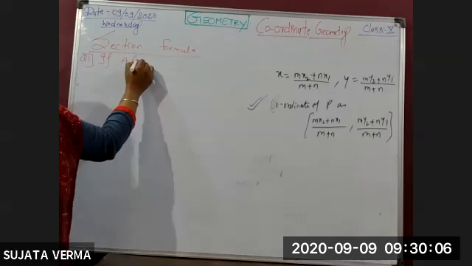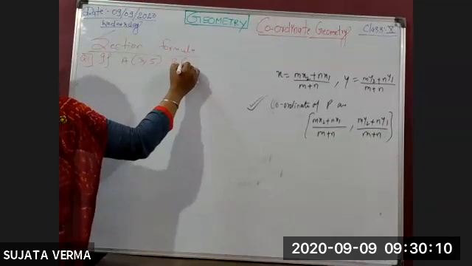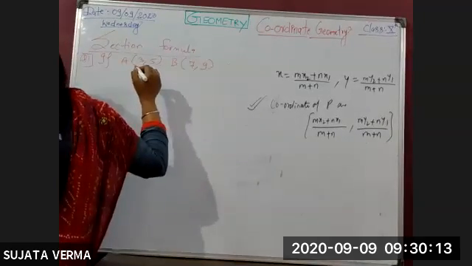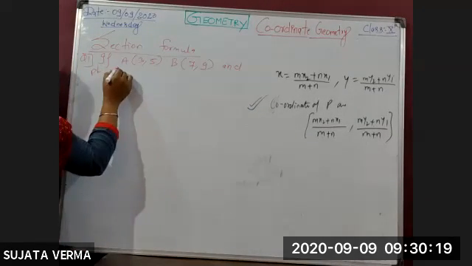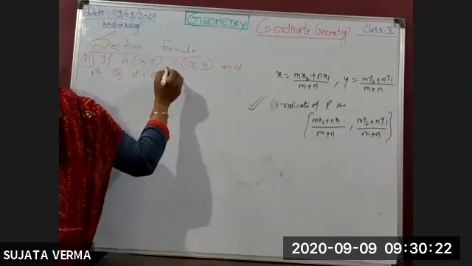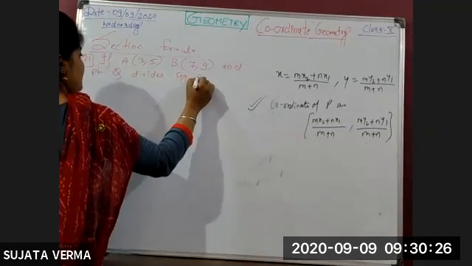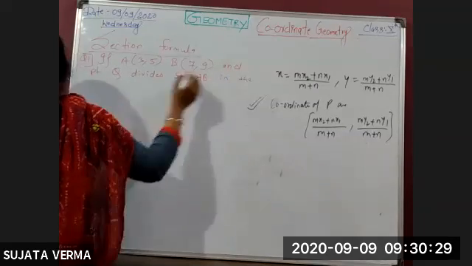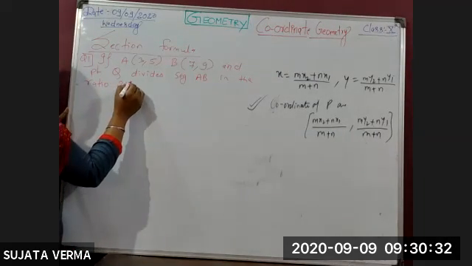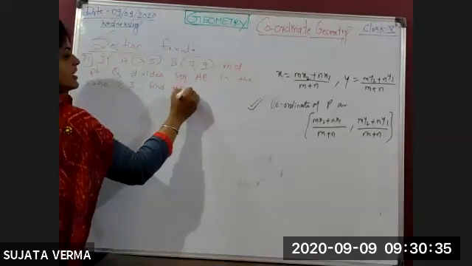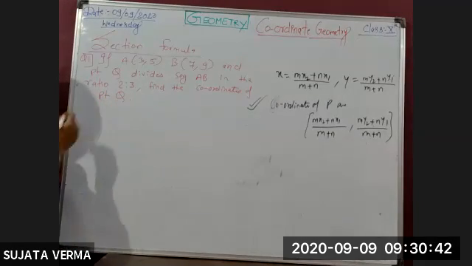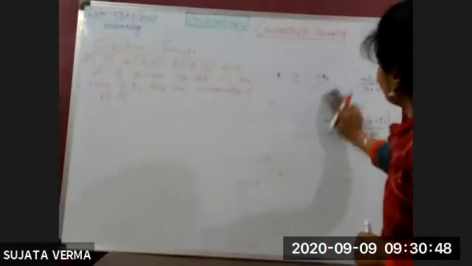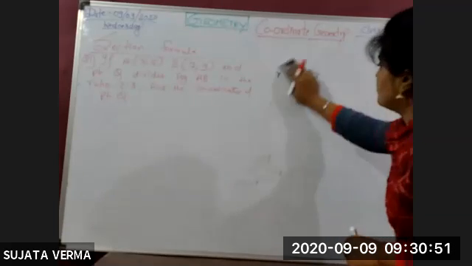If A is (3,5), B is (7,9), and point Q divides segment AB in the ratio 2:3, then find the coordinates of point Q. Here the question is, we have to find the coordinates of Q.